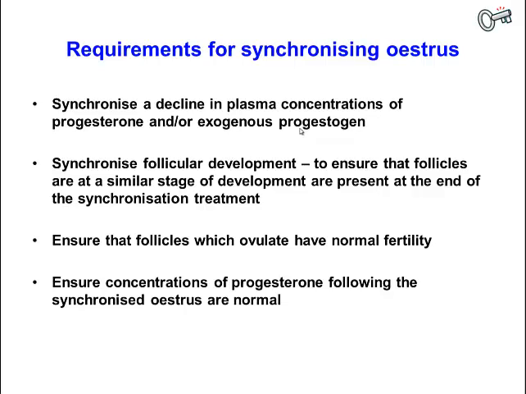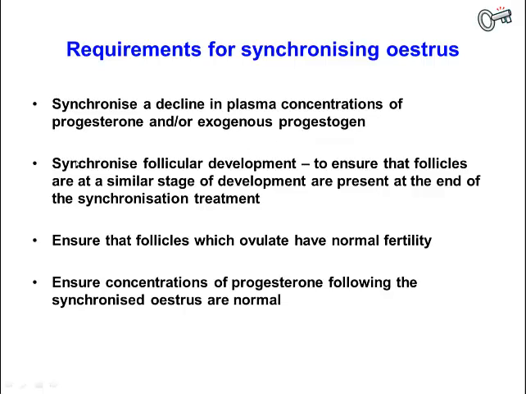This mimics a situation when an animal goes from diestrus into proestrus and estrus. You get a decline in progesterone. So if I'm going to synchronize estrus, if I'm going to get all those cows to come into estrus at the same time, then progesterone needs to come down at the end of treatment in all of those cows at the same time.